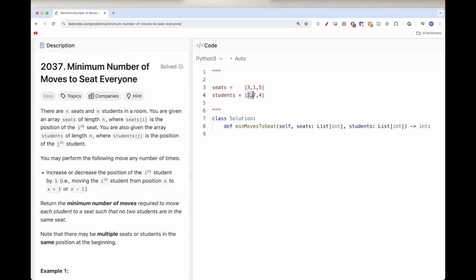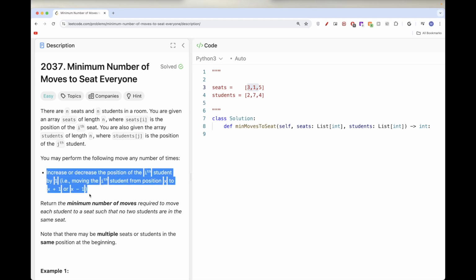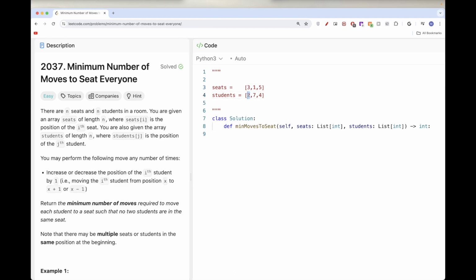Well, for each student, we want to get them to the closest seat, because that will mean we need to do the minimum number of operations to get that student in a seat, right? That just makes sense. So, for example, for this 2, it makes sense to go to the closest one, either 1 or 3. The closest one is going to be, of course, 1.